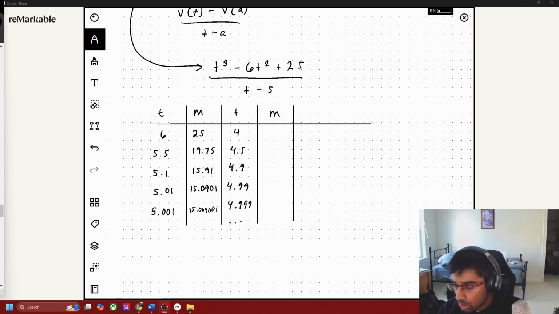So, yeah. And then for t equals 4 and that group of numbers, it's just 7.0 or 7.